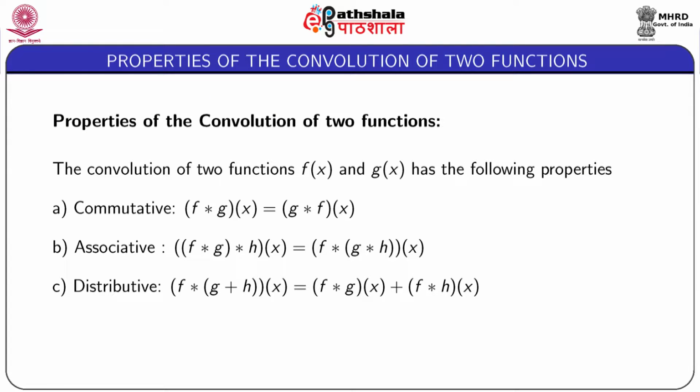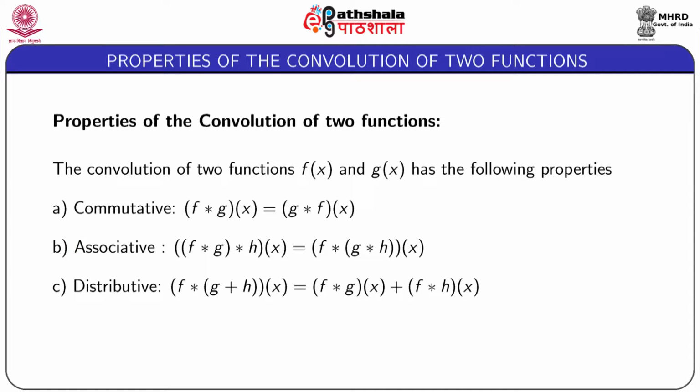Now we shall learn some properties of convolution of two functions. First property is that convolution of two functions is commutative. That means f star g of x is equal to g star f of x. Next property is the convolution is associative.